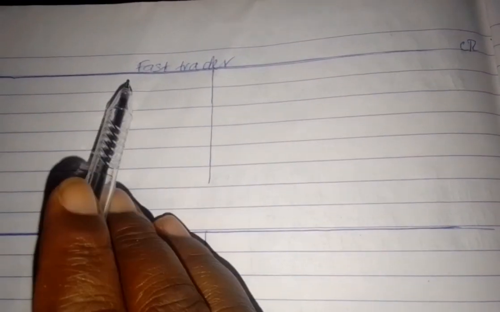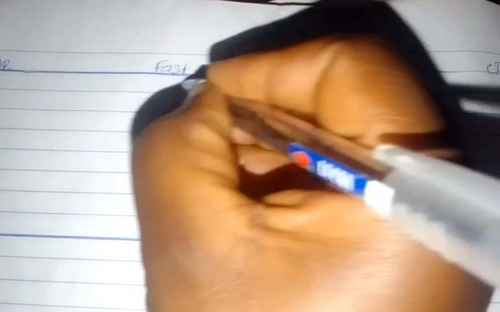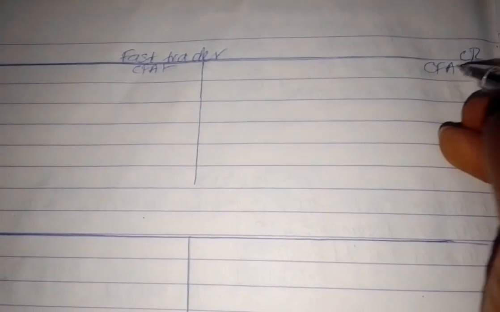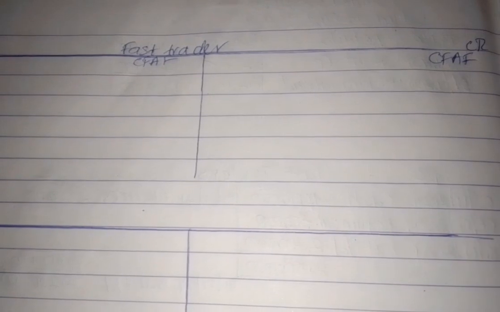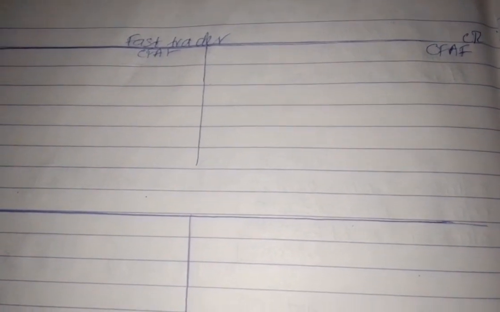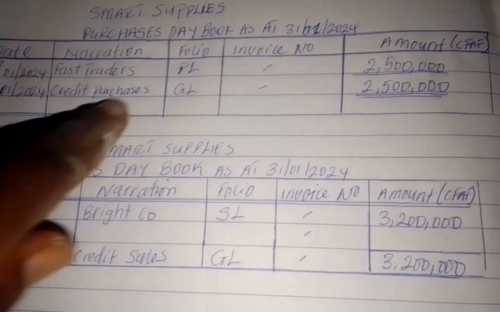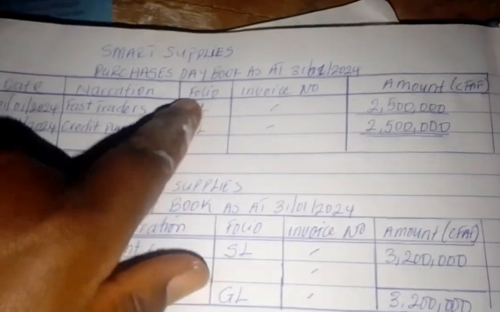Okay, we'll create an account for Fast Traders, and we write the currency we are using. That's CFA francs.